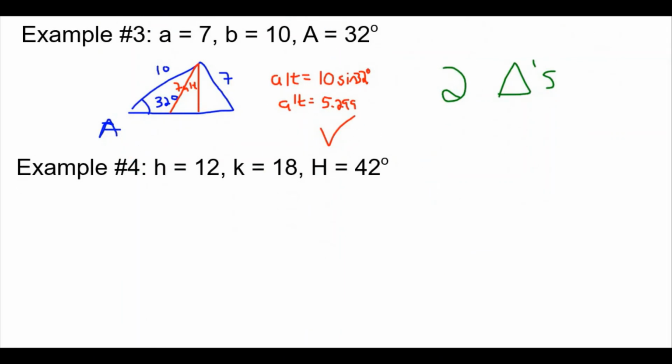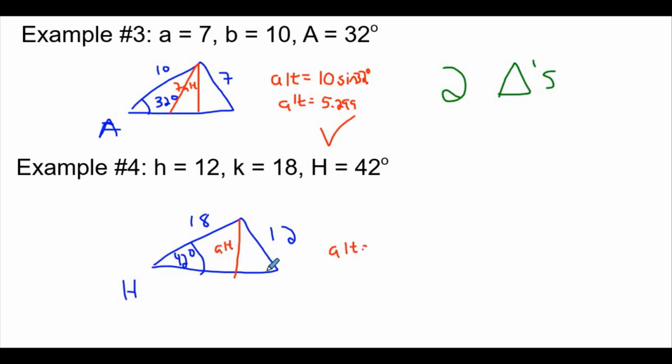Here I just randomly made up letters. Okay, so we have an H now. H is 42 degrees. Across from H is little h, which is 12. Here we have 18, and we're trying to calculate the altitude. So to do that one, the altitude would be, again, same rigmarole. We're ignoring this unless there's a triangle.